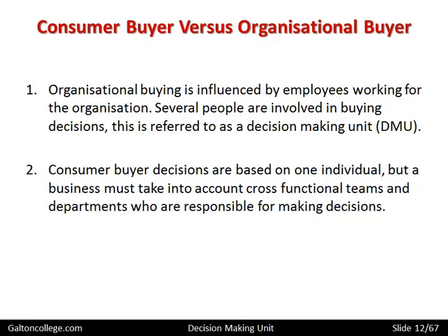So the decision-making unit may be much more extensive and elaborate in the context of business. But of course, there again, in the business context, the purchase may be very expensive, whereas for consumer purchases, it may be a small item of expenditure. So less worry if it goes wrong.